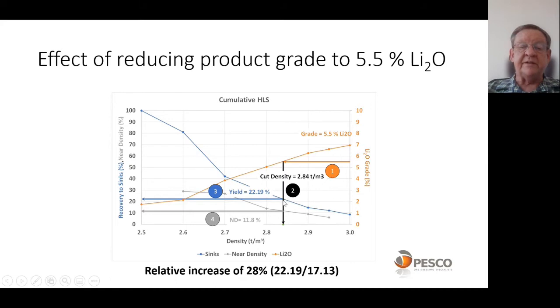It intersects the yield curve at 22% yield, and the near density increases up to 11.8. So that's a relative increase of 28% going from 6 to 5.5, which is 22% yield over 17% yield. In this case, that reduction in lithium product grade has a significant potential impact on the increase in yield.